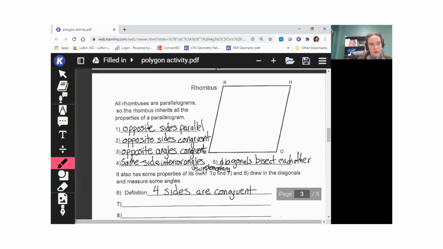Then if you drew in your diagonals, preferably with a ruler, connecting R to O and M to H, and then you measured all of these angles where those 2 diagonals intersect each other, they would be 90 degrees.